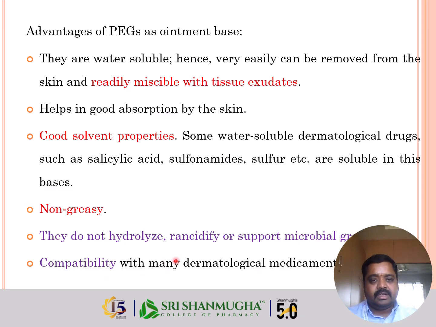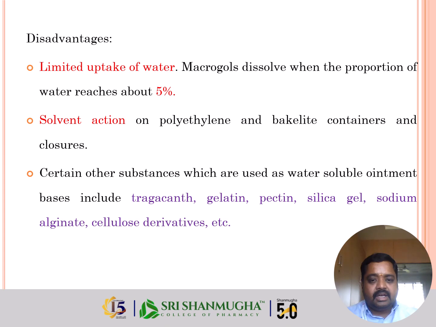They are compatible with many dermatological active pharmaceutical ingredients. Disadvantages: limited uptake of water. Macrogels dissolve when the proportion of water reaches about 5%, so a very minimum of water is advisable. Solvent action on polyethylene and Bakelite containers and closures is a disadvantage.